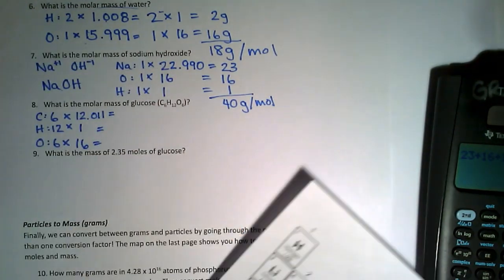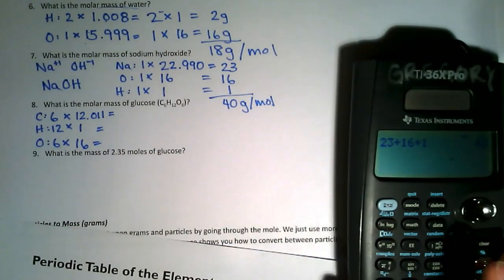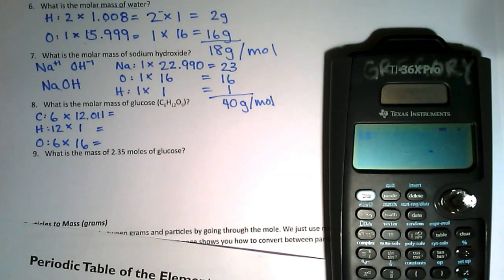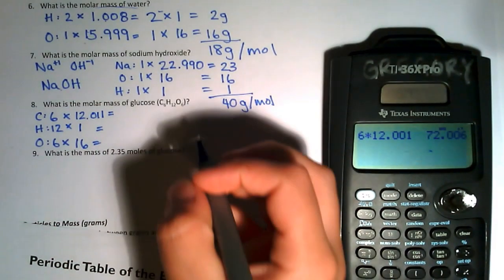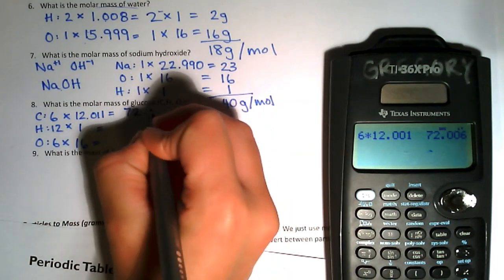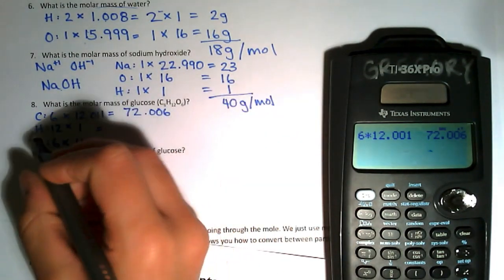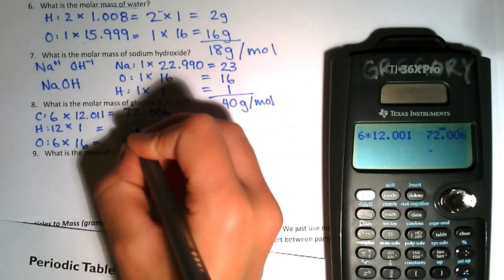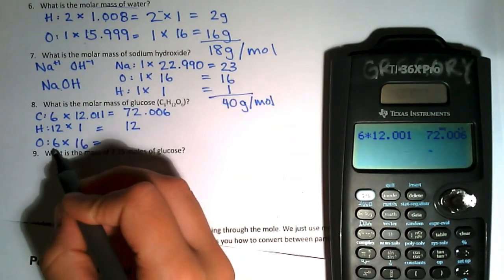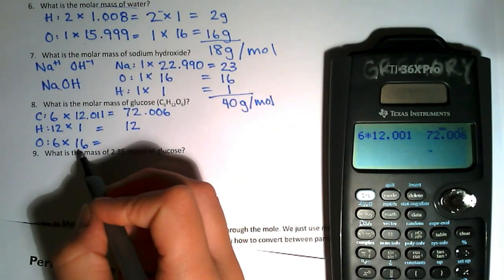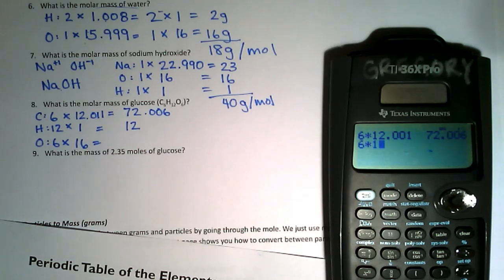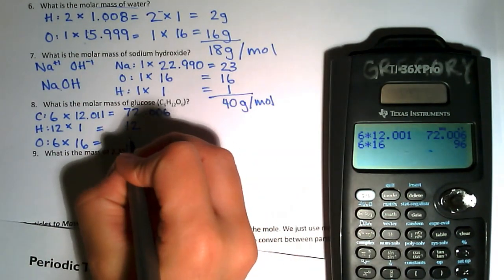So when we do 6 times 12.001, let's see, 6 times 12.001 gives us 72.006. Hydrogen, 12 times 1 gives us 12. And 6 times 16 gives us 96.